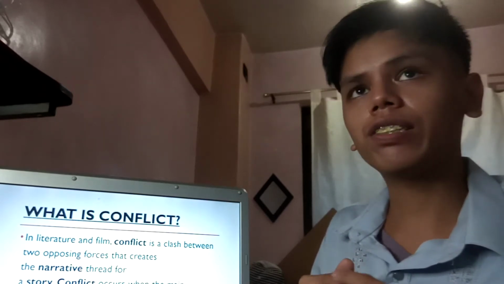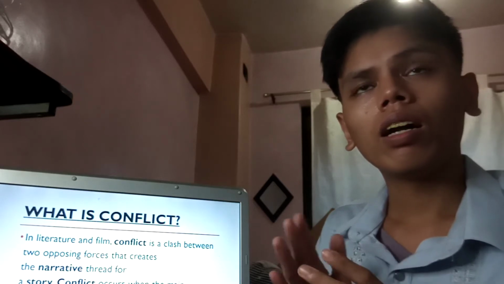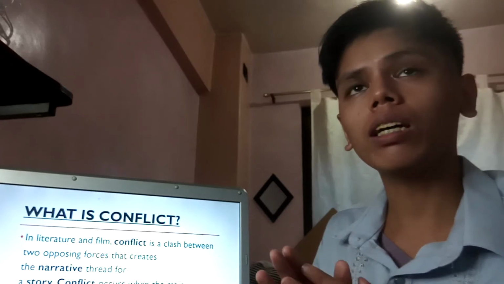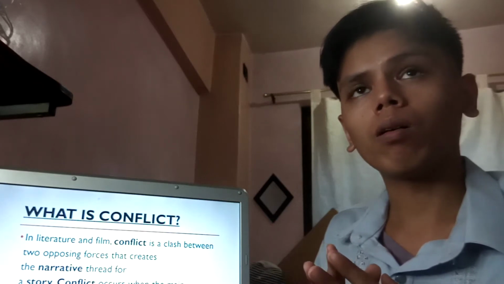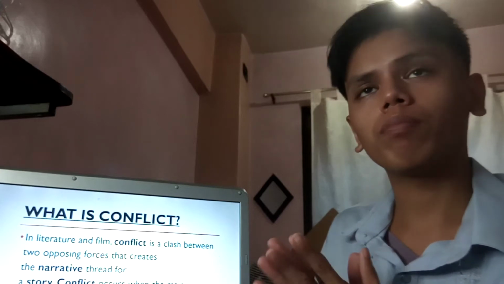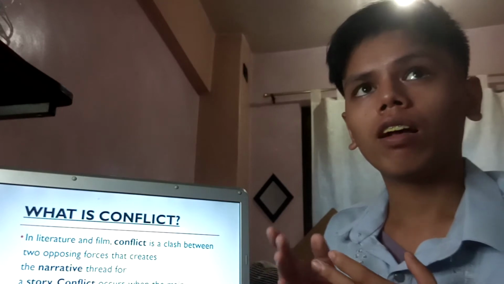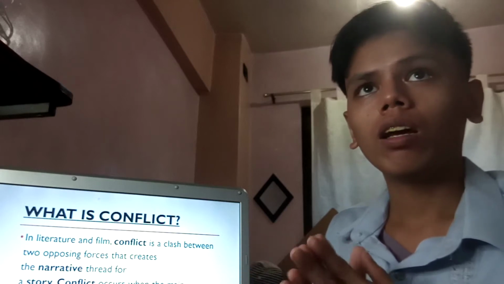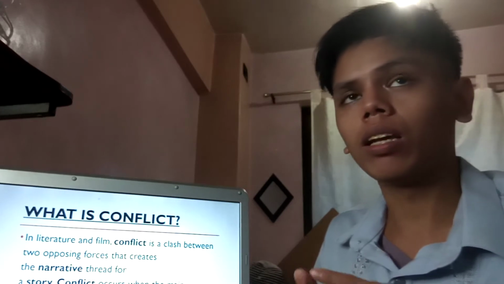So, for example, Anna loves Jacob, but their parents don't allow their relationship because Jacob was born from a rich family while Anna was born in a poor family.